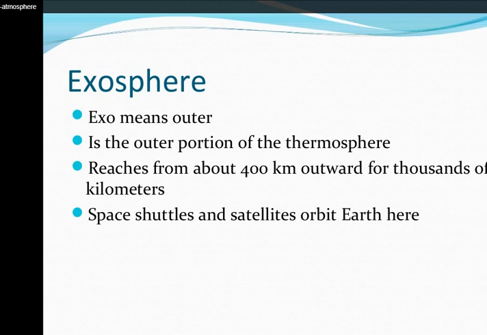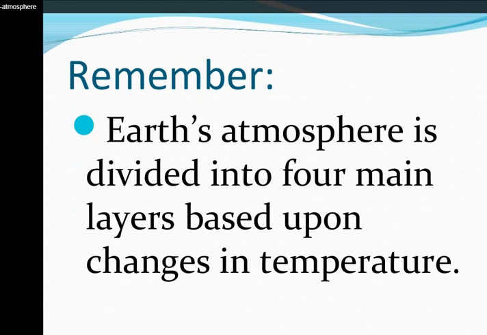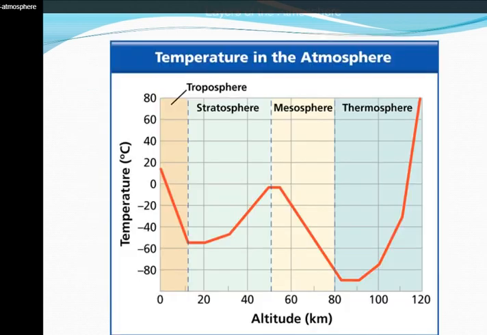It reaches from about 400 kilometers outward for thousands of kilometers. Space shuttles and satellites orbit Earth here. So remember, Earth's atmosphere is divided into 4 main layers based upon changes in temperature, like we said. So here is the graph.